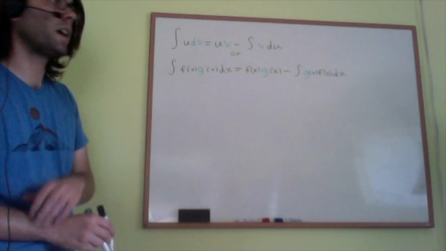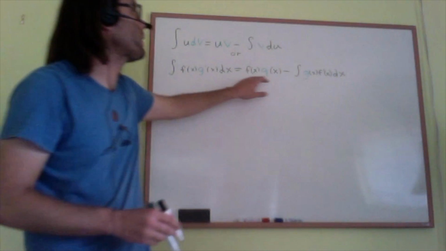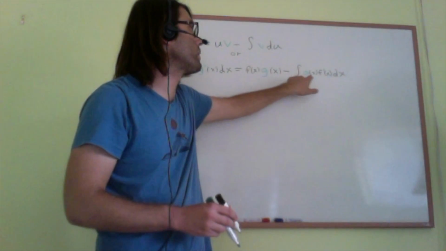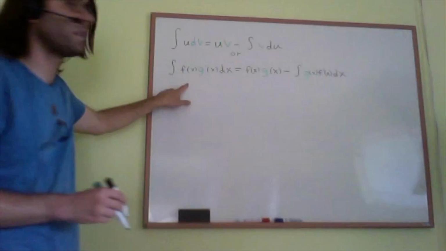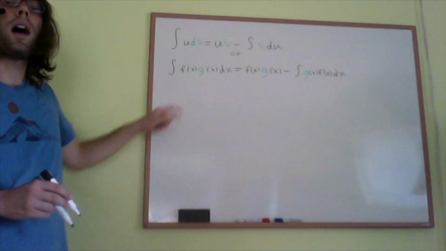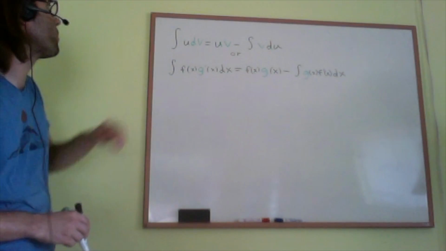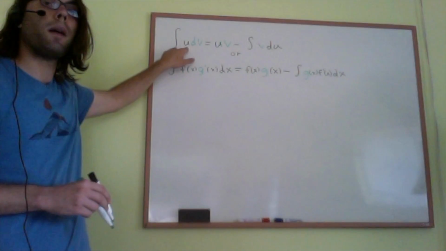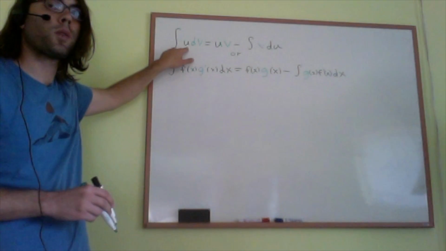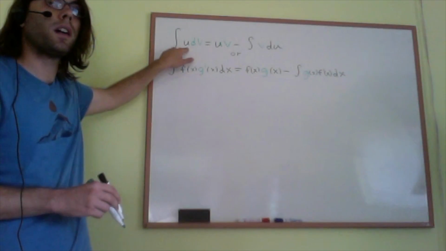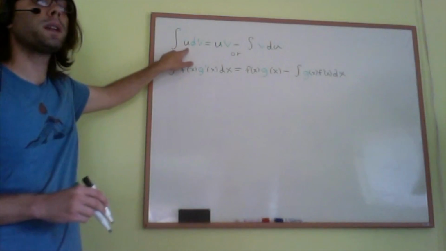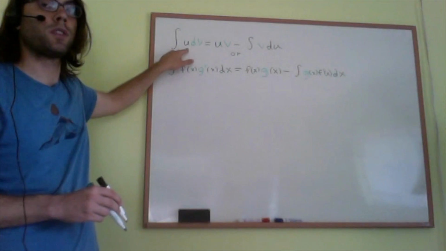And then you go over here, and because this guy gets simpler, this integral here should be easier than this one. So fabulous examples of using this formula for u are stuff like inverse sine, inverse cosine, inverse tangent, the natural log, polynomials, because those become simpler when you differentiate them.